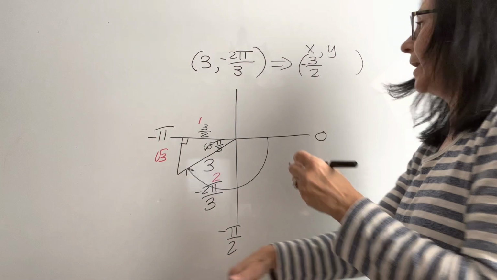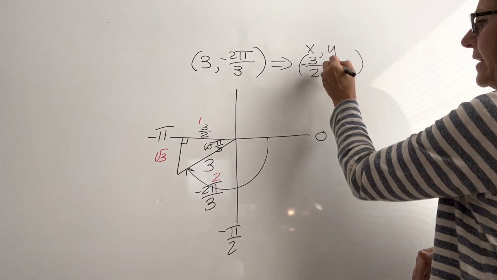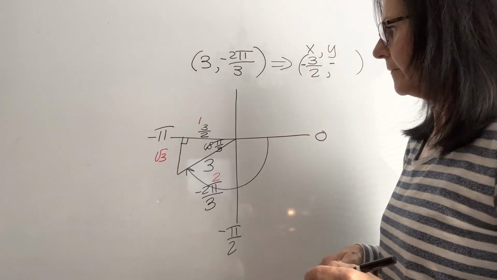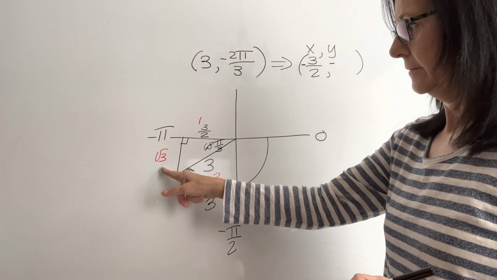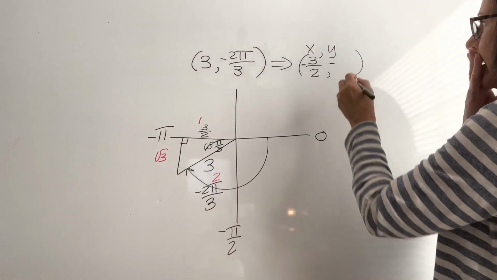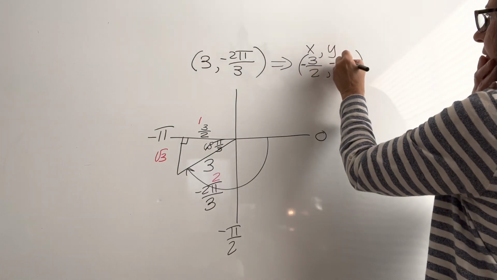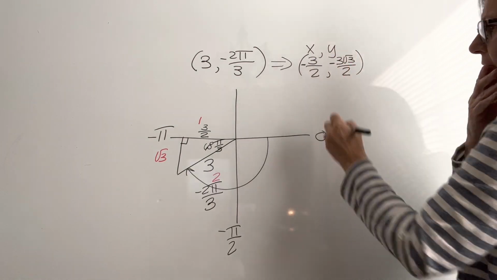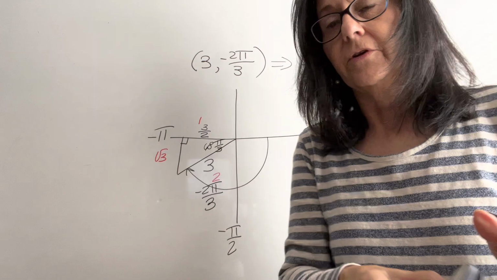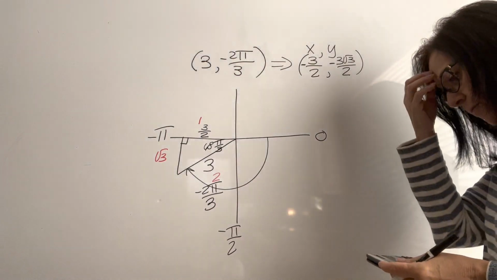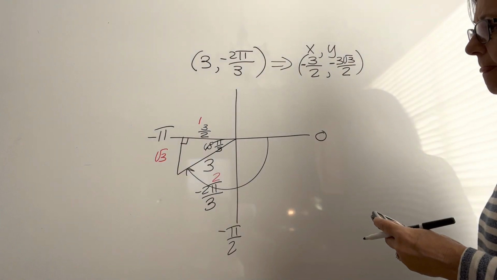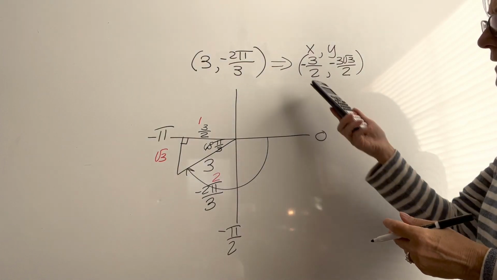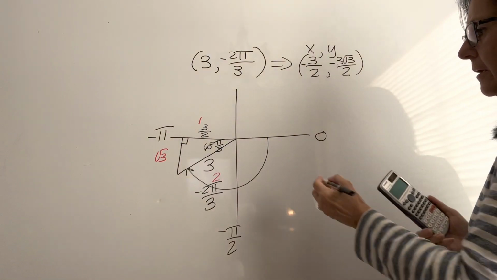And also my y value is going to be negative. So then I take this and multiply it by square root of 3, and you get negative 3 square root of 3 over 2. All right, your calculator won't give you the ratios unless you set it that way.